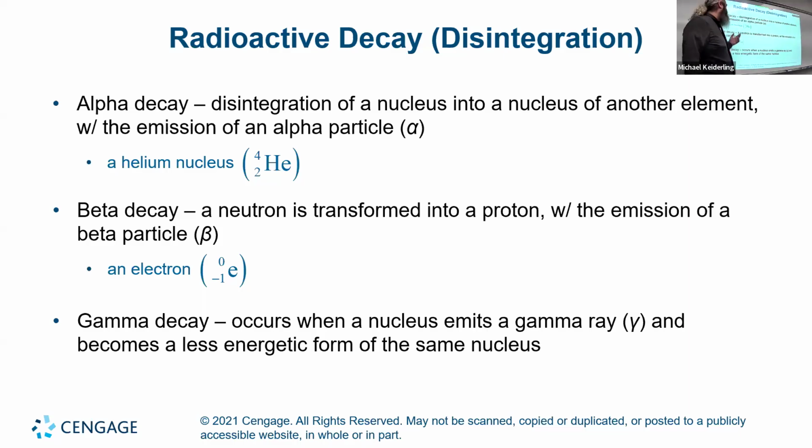But it does increase the atomic number by 1, because it's emitting effectively -1 with the electron. And gamma decay occurs when the nucleus emits a gamma ray, and becomes a less energetic form of the same nucleus. The nucleus doesn't change. It just stops being extremely energetic.